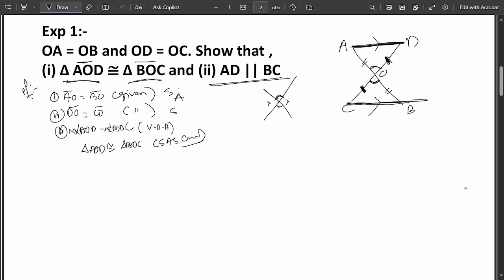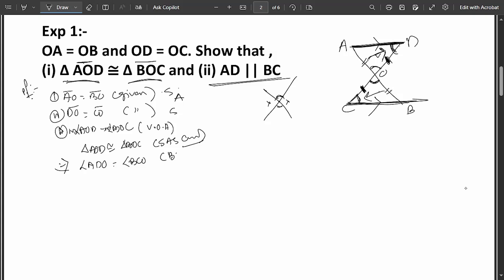To make this parallel, we have to show the alternate interior angles are equal, which are corresponding parts of congruent triangles. Since AO equals BO, the angle opposite AO is equal to the angle opposite BO. So I can write angle ADO equals angle BCO.